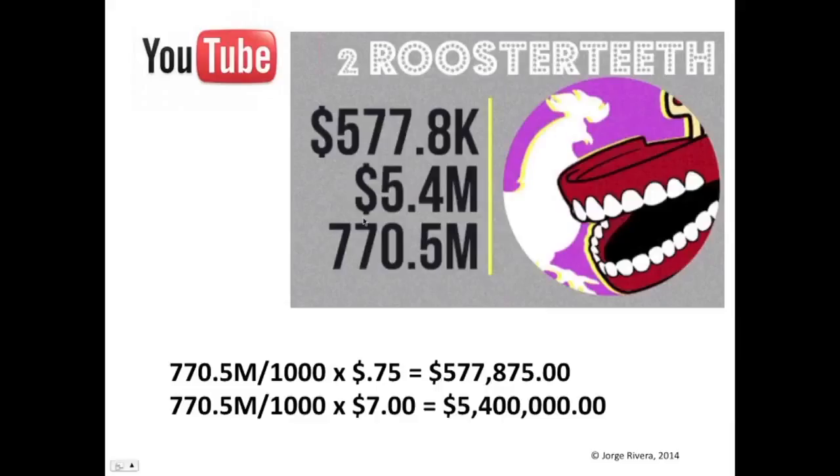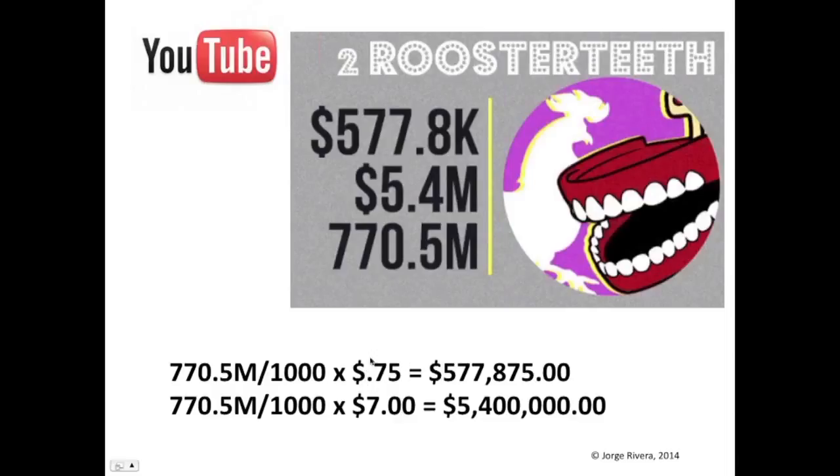Okay, so if they amassed 770.5 million views over the year, if you take that and divide it by 1,000, which is the metric of the CPM, right? Remember, it's cost per 1,000 views, and you times it by a CPM value.